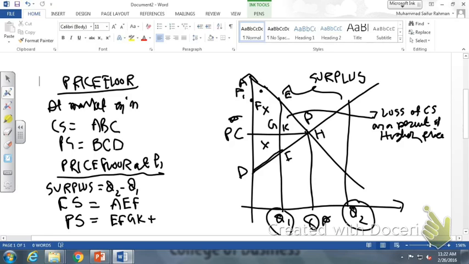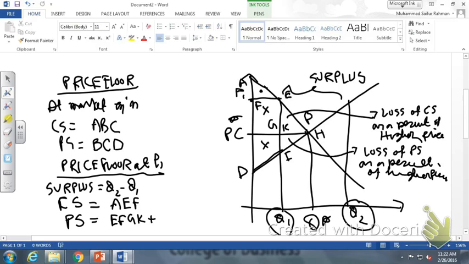As a result of higher price, our consumer literally buys less than what they were buying before. So they lose this rectangle, and the lower rectangle is going to be called the loss of producer surplus as a result of higher price as well. As a result of this higher price, our producer cannot sell what they were selling before, right? Do we all see that?